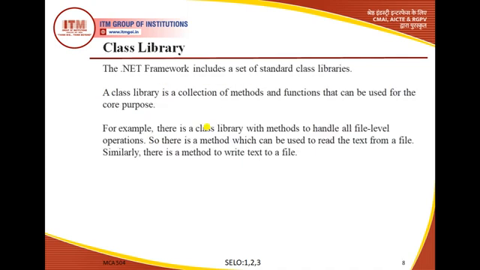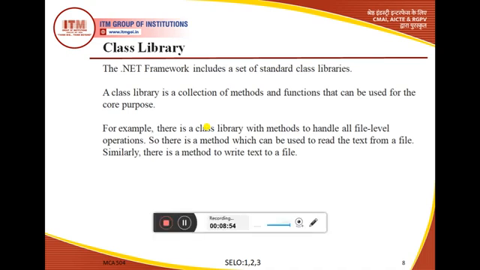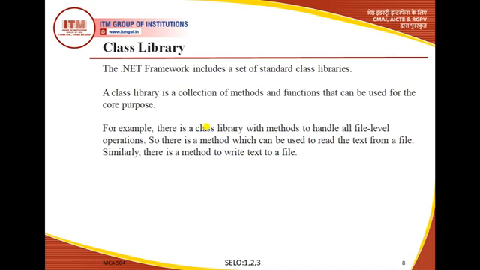Now we will discuss the class library, or the base class library, or the framework class library. Anything we can call it. Commonly we will call it a class library. What is a class library? Actually the .NET framework includes a set of standard class libraries, right? There are standard class libraries which are actually included in the .NET framework. What is a class library?